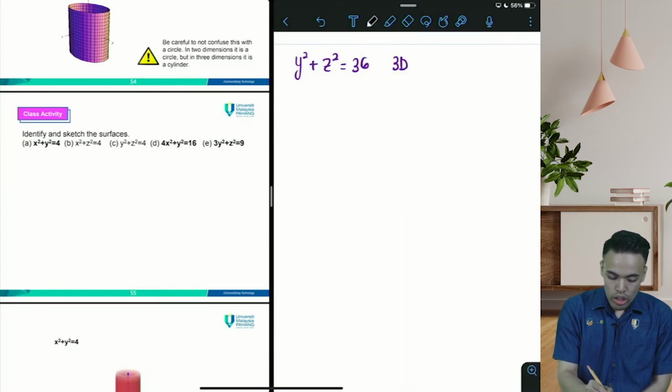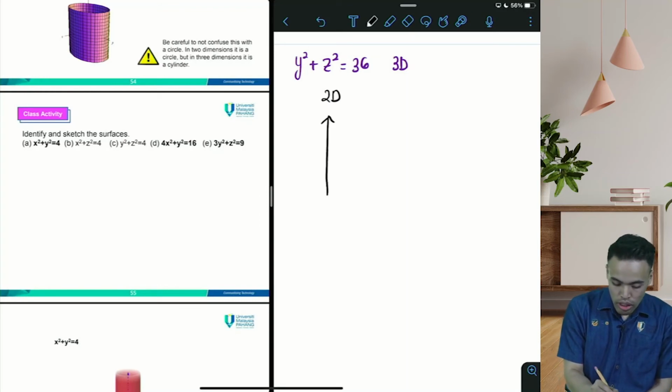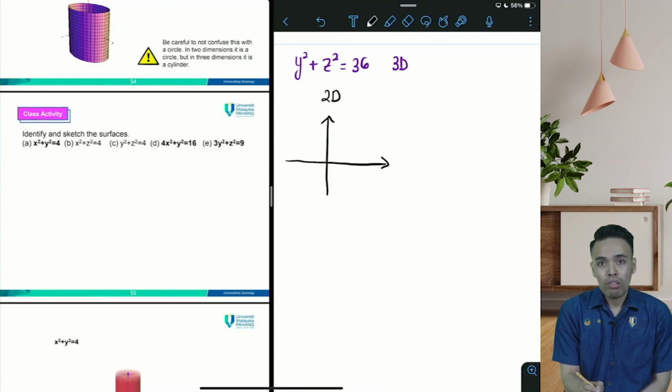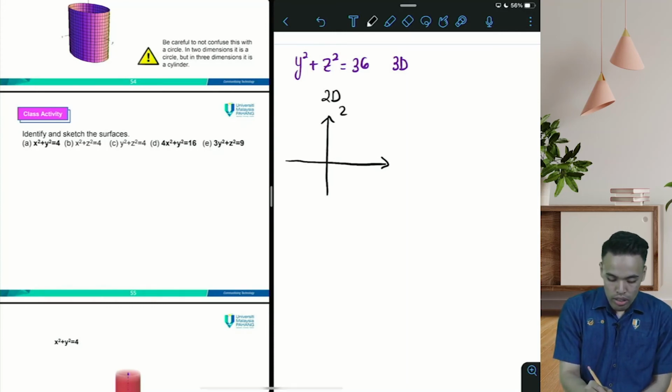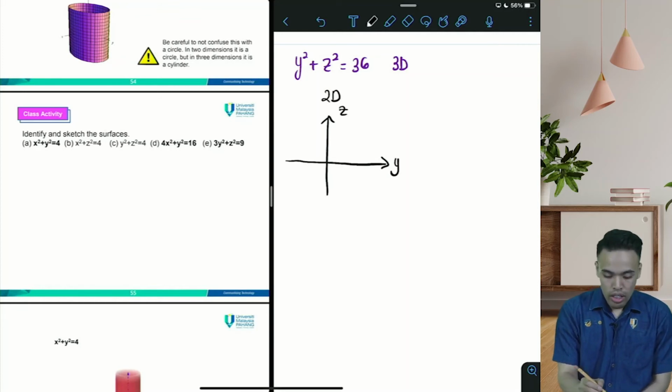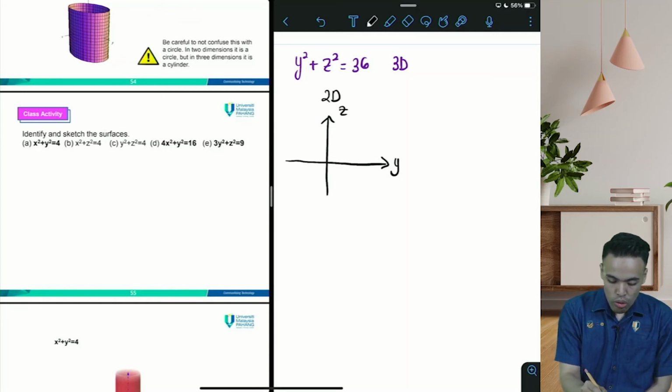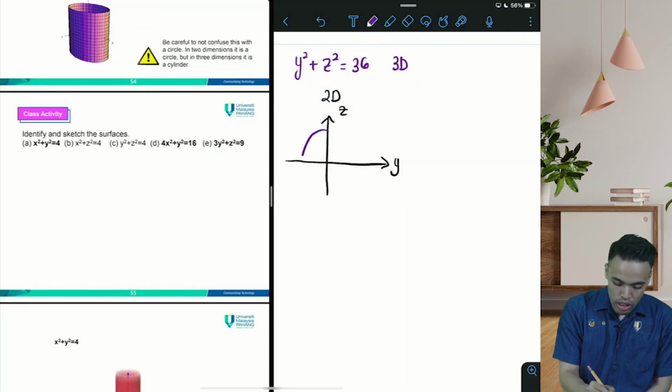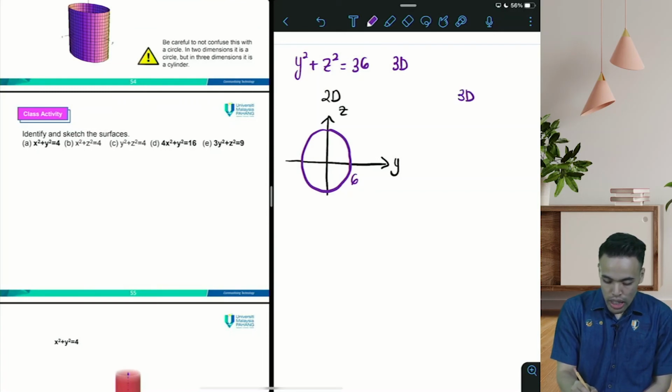So in 2D, again, you sketch only two variables, but this time around, the variables I'm going to put and label in this two-dimensional coordinate system are Z versus Y. Alright, so in this case, I know that I will end up with a circle with radius 6. If I try to illustrate in a three-dimensional coordinate system, I have z-axis, y-axis, and x-axis.